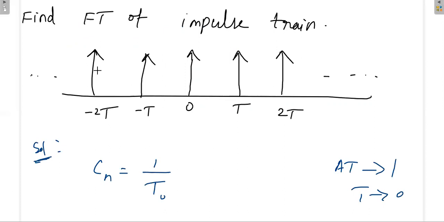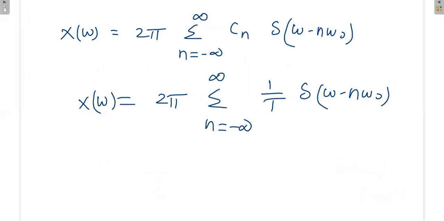Again, this Fourier transform of the impulse train is very useful in the case of sampling, because this is the standard signal that we use to denote the sampling process mathematically. Say for example, we have some random signal.